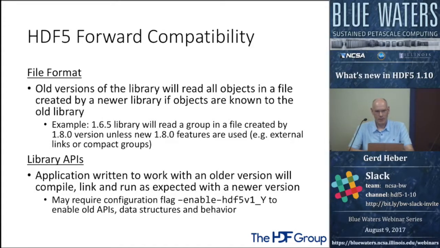So let's say, for example, you create a group within the 1.10 version of the library, and you did not instruct the library intentionally to use the latest version of the file format. That group will be created in the file in a way that both a 1.8 or 1.6 version of the library will be able to access and read that group.